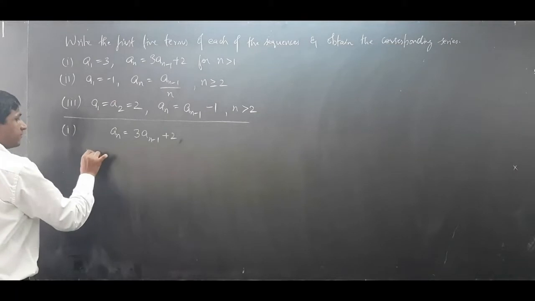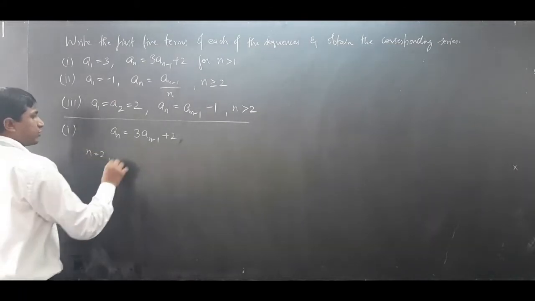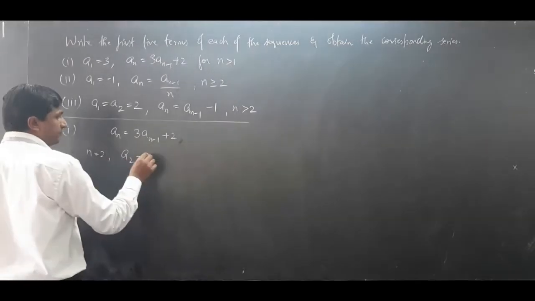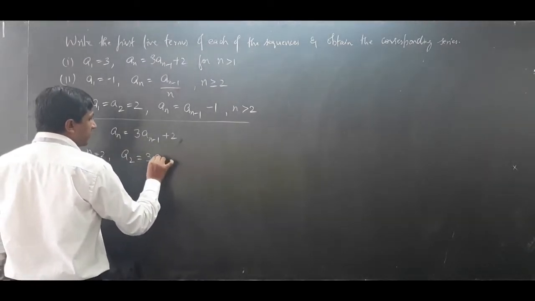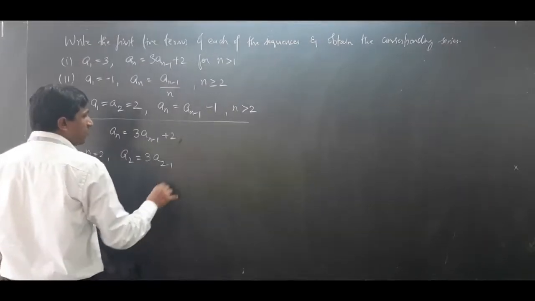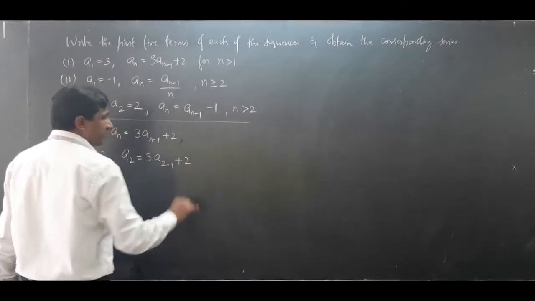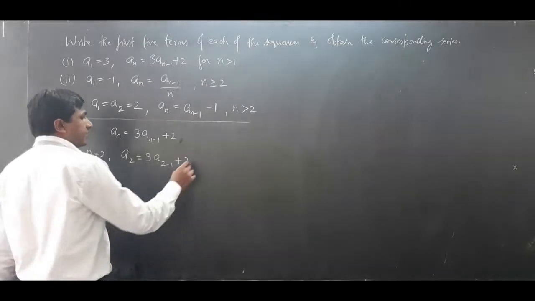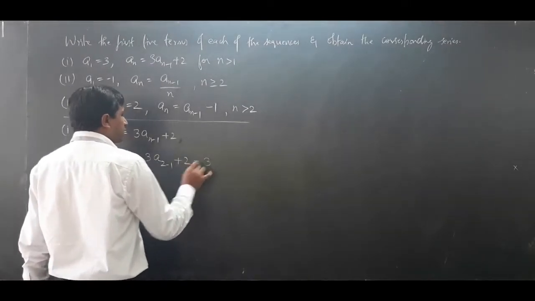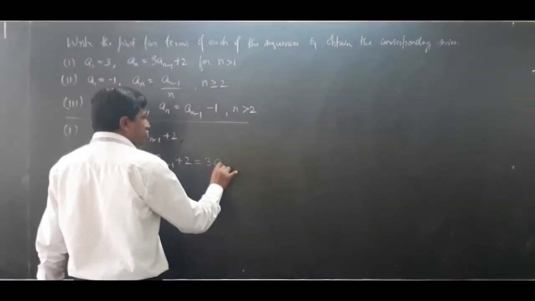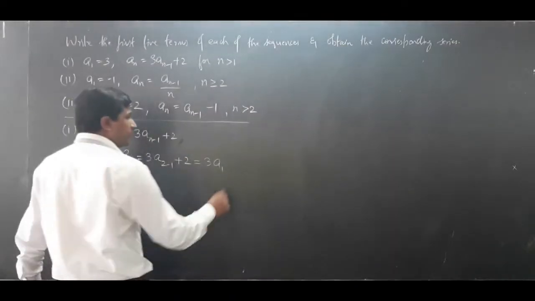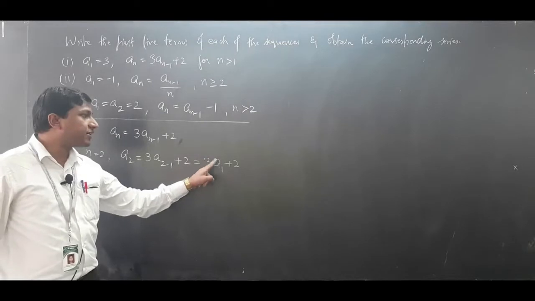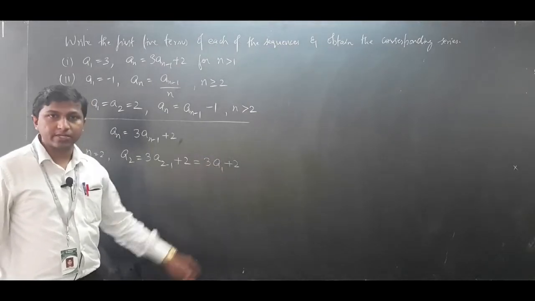So what do I get? When I put n equals 2, a2, which is the second term, equals 3 into a2 minus 1 plus 2. a2 minus 1 is nothing but a1, so it is 3 times the first term plus 2.